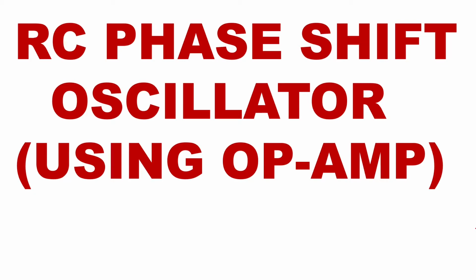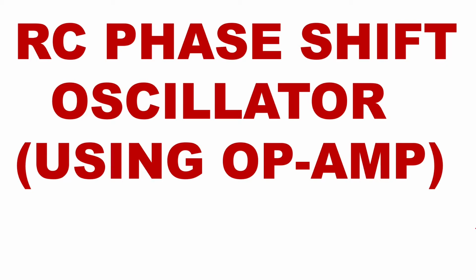This type of oscillator is used for generating very low frequencies. Here the 180-degree phase shift is obtained by the operational amplifier, and another 180-degree phase shift is obtained by the RC circuit, which we'll use in the feedback circuit. So that will be the background.